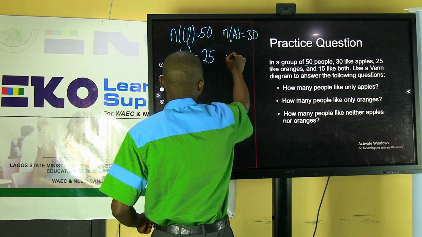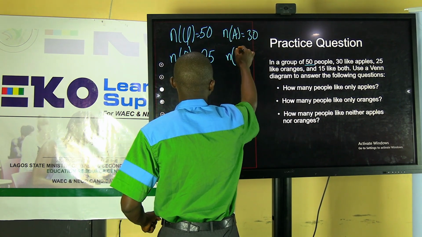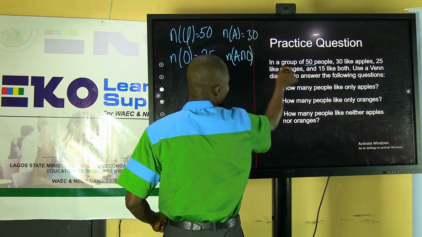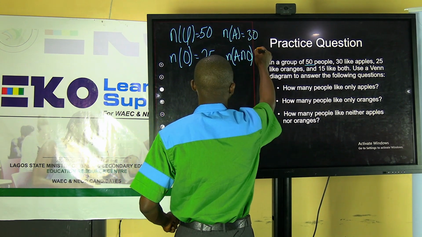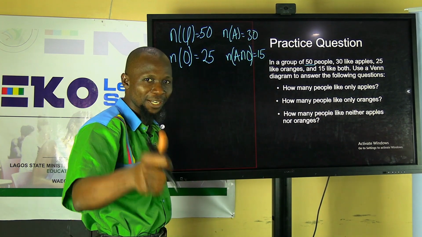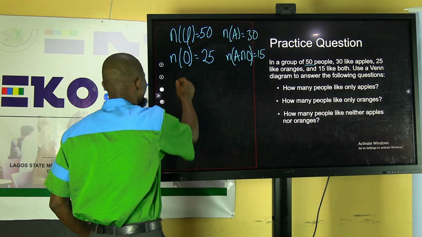So meaning number of apples and oranges, those people that like oranges and apple, they are 15. All right, so let's draw a Venn diagram. Remember the steps? Draw the Venn diagram.